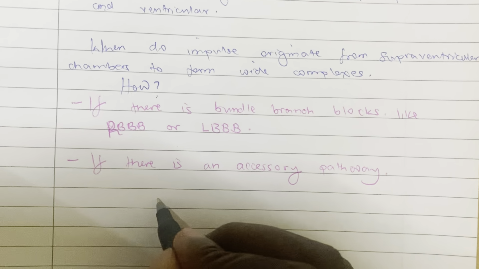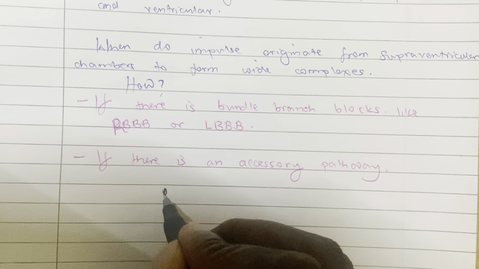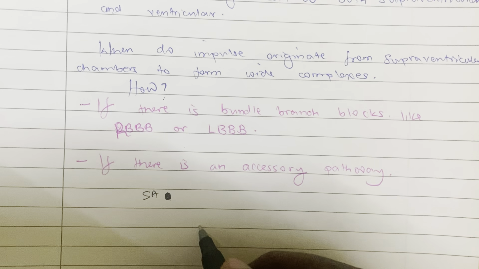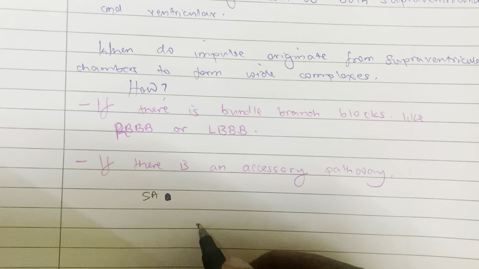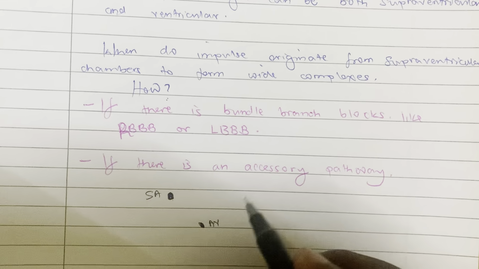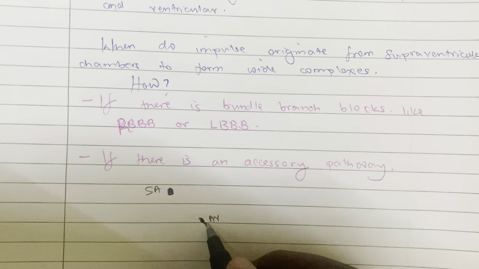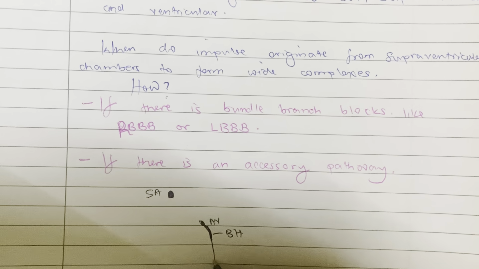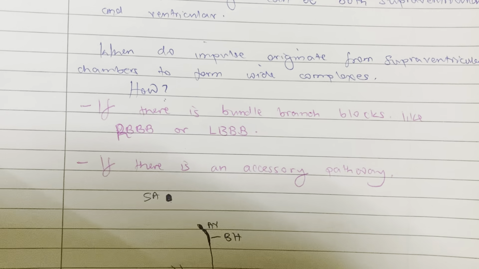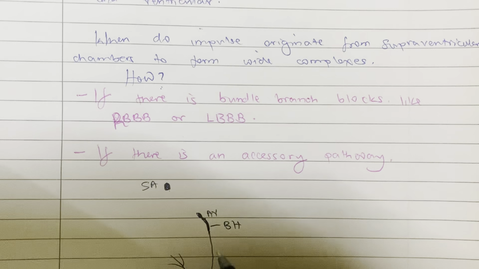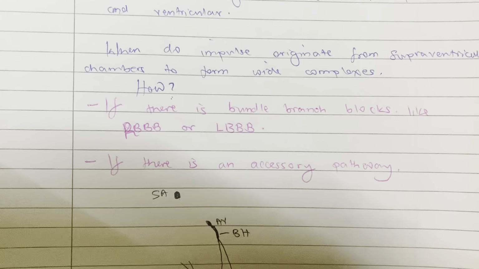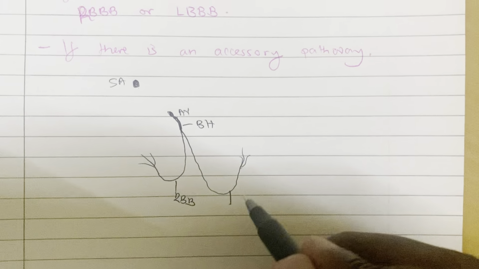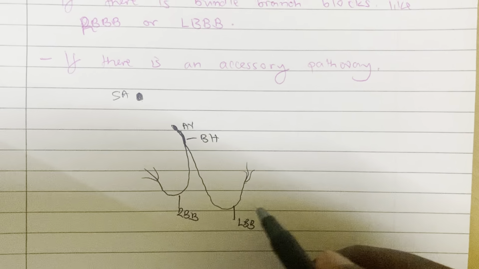So this is what we have initially or normally. Which node is this? SA node. Which node is this? Very small. AV node. Then what is this? Bundle of His. Then what is this? Right bundle branch. What is this? Left bundle branch.